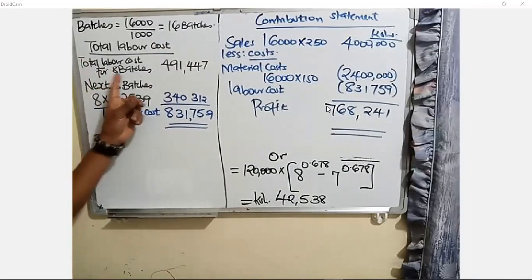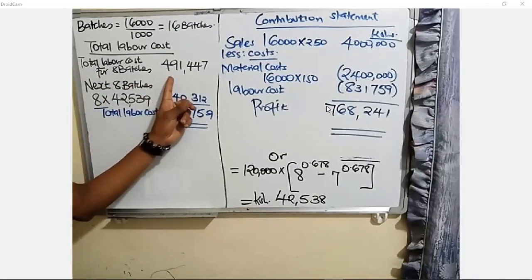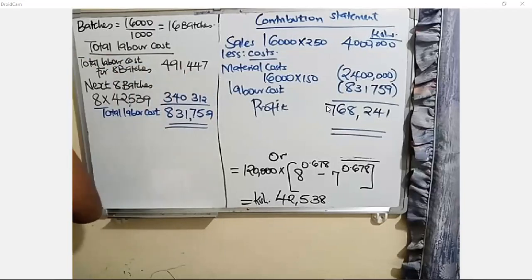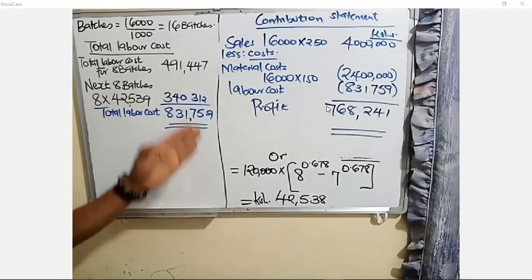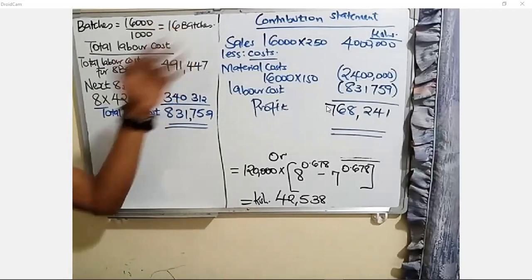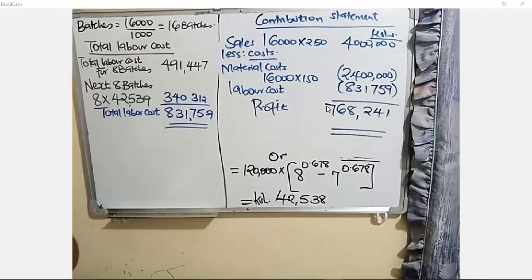The first 8 batches we calculated separately and got 491,447. At the 8th batch the learning curve ends, so from the 9th to the 16th, the production cost will remain the same. There will be no variations. Is it fully answered? Yes, thank you.